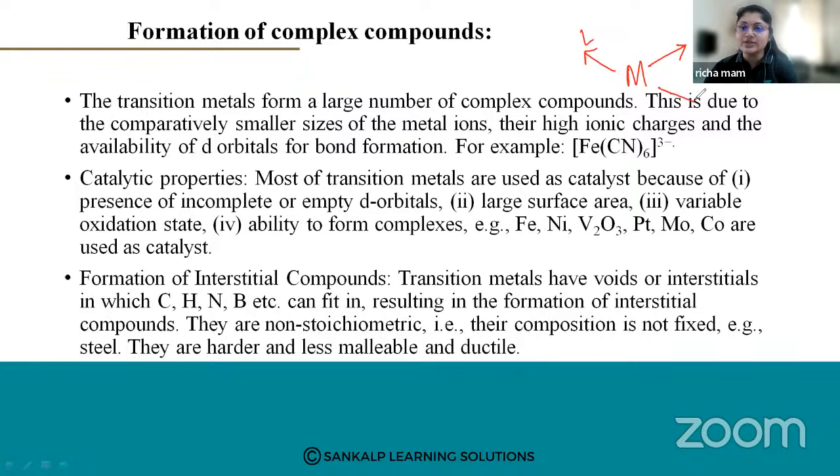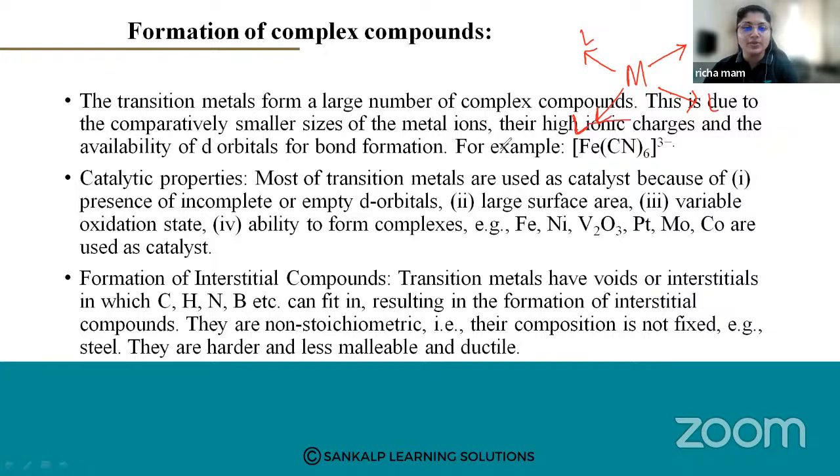We are going to discuss complex compounds in a separate topic, that is coordination compounds. Here the metal will be in the center and the ligands will be linked to the metal, and thus they form the complexes.